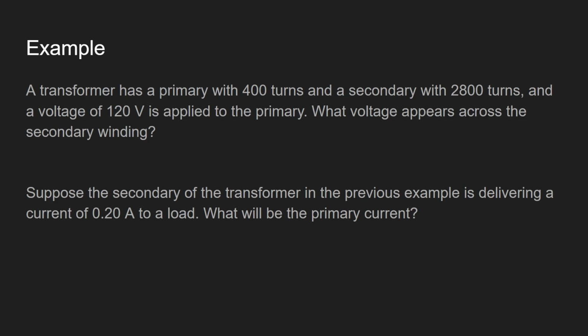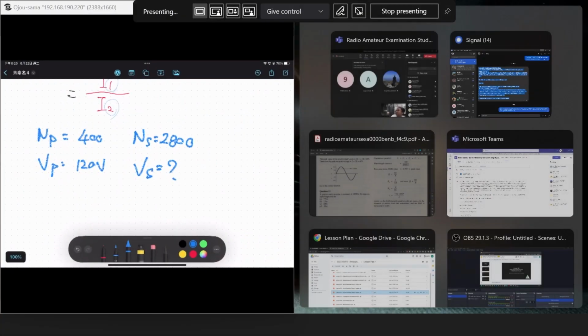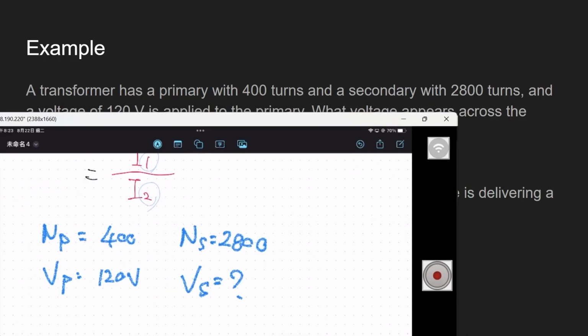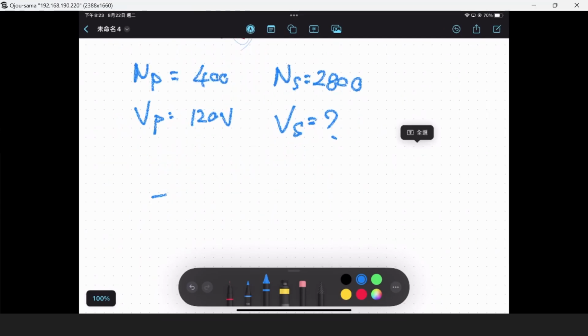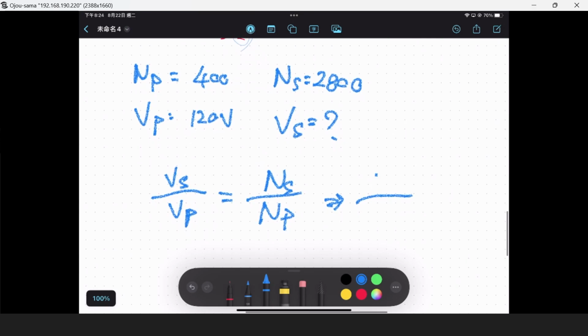So you can change this question into things like this. Once again, we know that Vs over Vp equals to Ns over Np. Or you can just do it in the reverse way, Vp over Vs equals to Np over Ns.